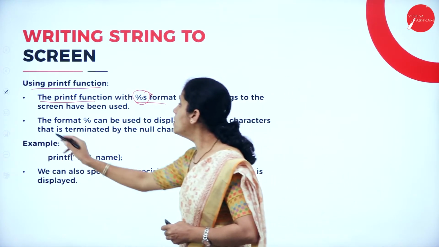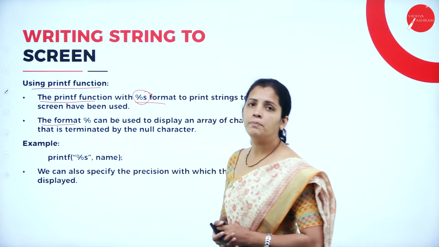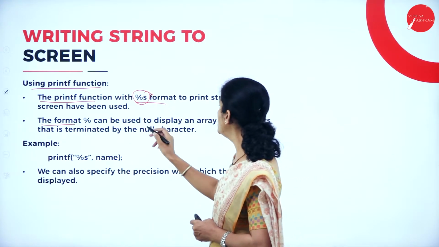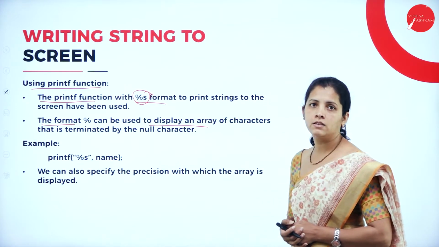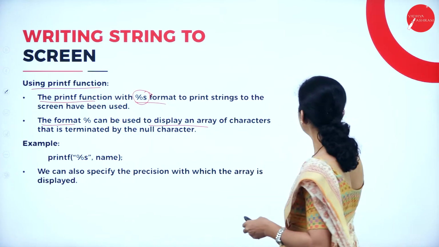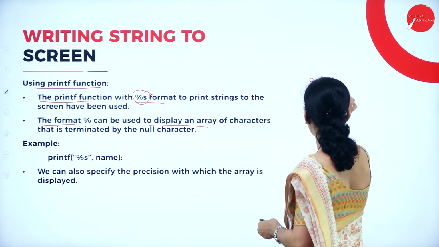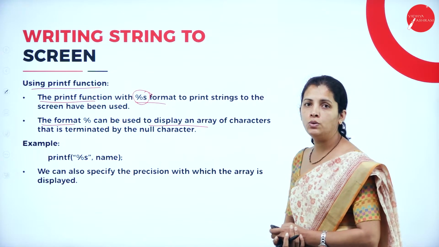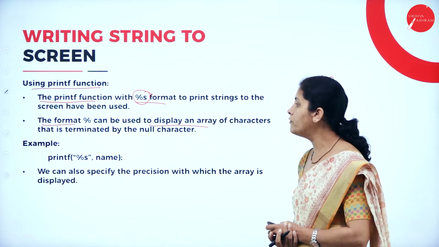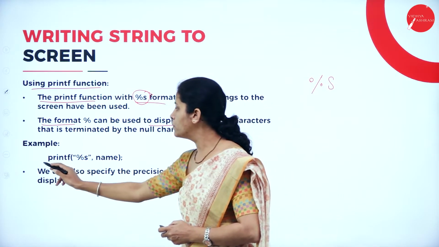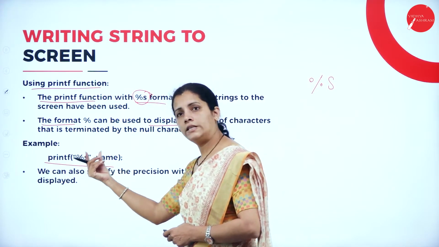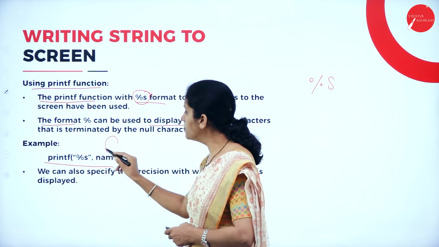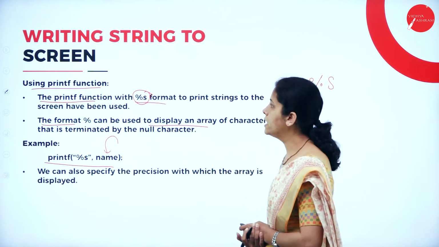The format specifier %s can be used to display an array of characters. So, I am going to display an array of characters with printf %s and my string array name.